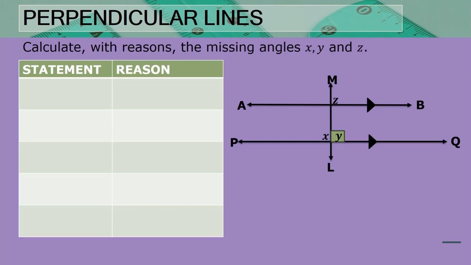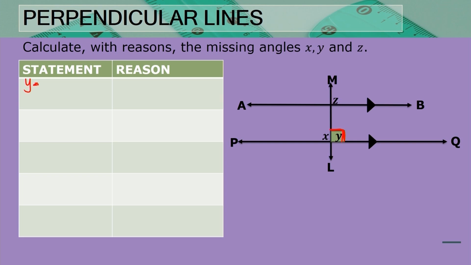So it says there, calculate with reasons the missing angles of X, Y, and Z. So we have unknown angles there, X, Y, and Z, and we are supposed to calculate them. Now we have been shown here that firstly AB and PQ are parallel. And not only are we shown that they are parallel, but we are shown there that there is a 90 degrees, which is the angle of Y. And that's the one that we are going to start with.